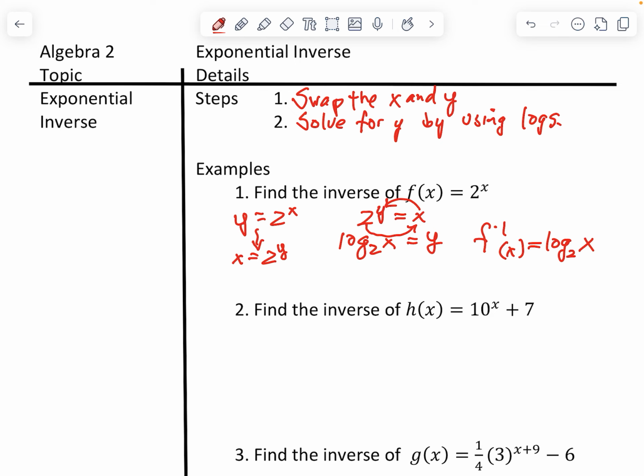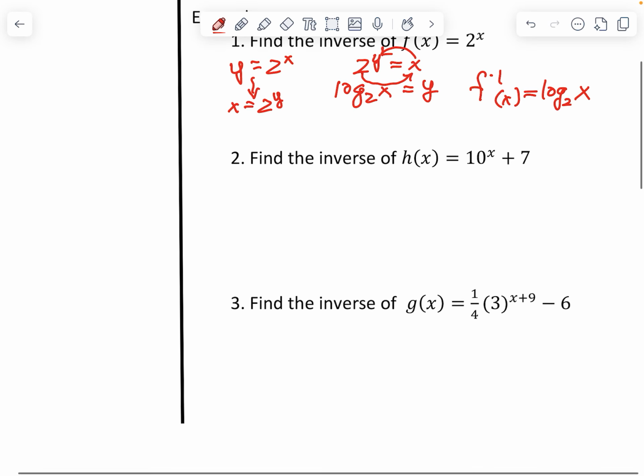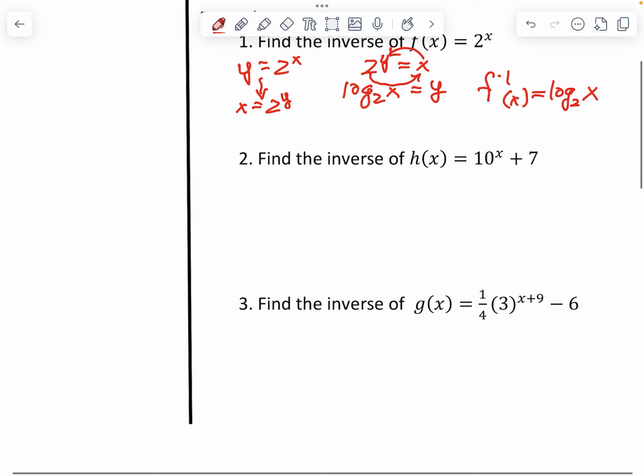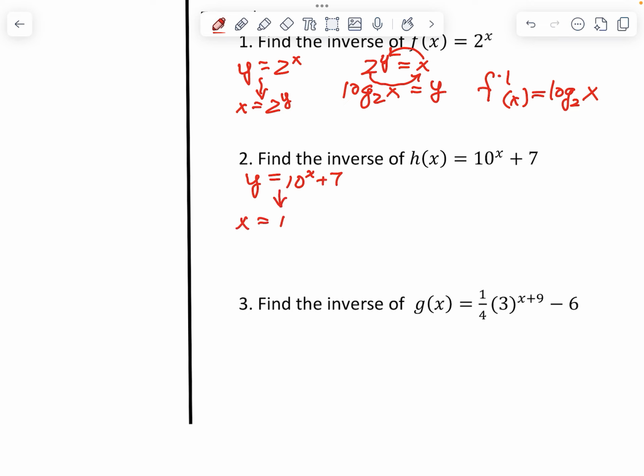Let's take a look at number 2. For number 2, we're going to go ahead and set it up as y equals 10 to the x plus 7. We'll swap the x and the y for the inverse. So we have x equals 10 to the y plus 7. And then we're going to go ahead and get rid of the 7 by subtracting it from both sides.